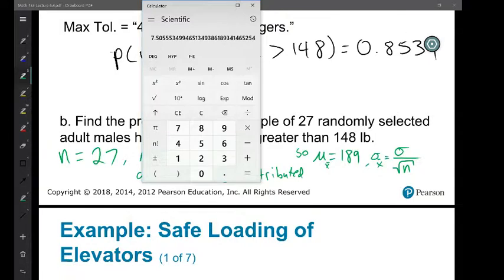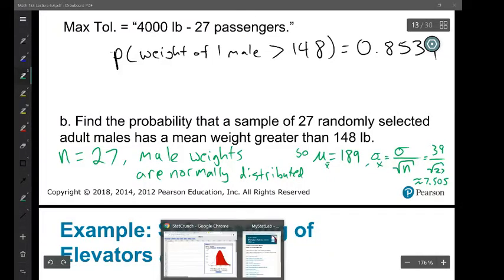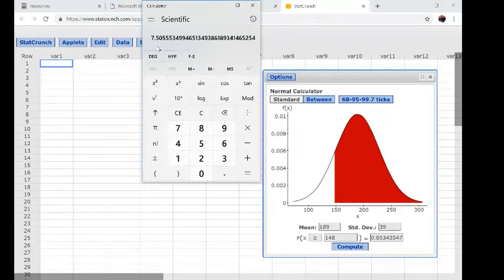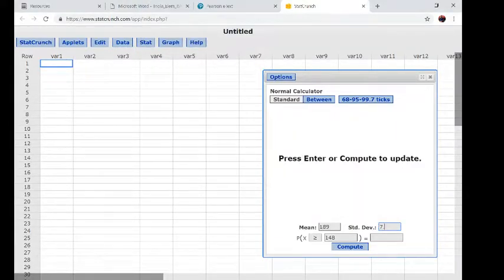So about 7.505. Now use that in your StatCrunch. Keep the same mean, and let's go with 7.50553 for our standard deviation adjusted.